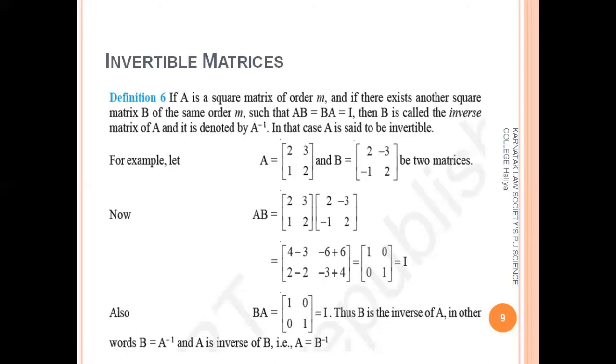If you multiply, you get 1, 0, 0, 1, which is the identity matrix. Similarly, taking B first and then A, that is BA, you again get the identity. Thus B is the inverse of A, that is B = A inverse, or A = B inverse.